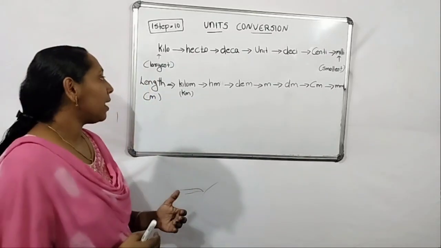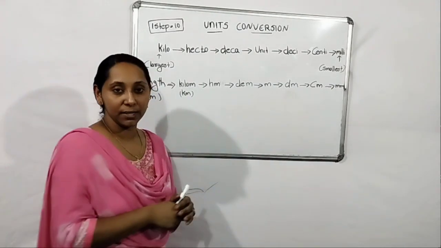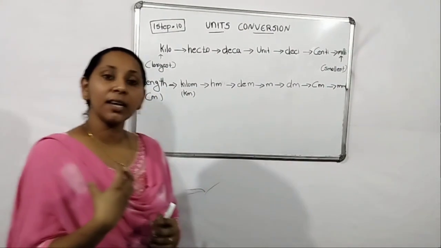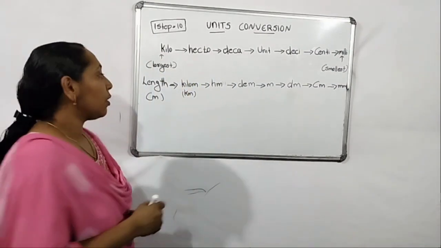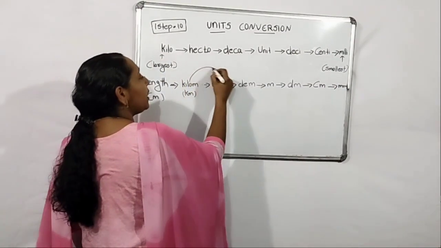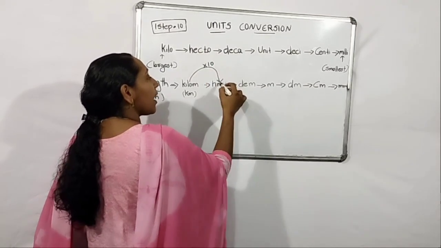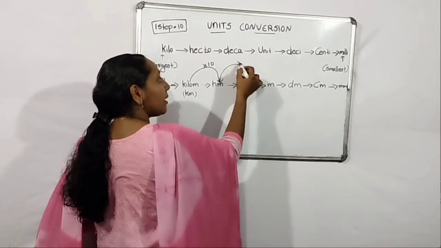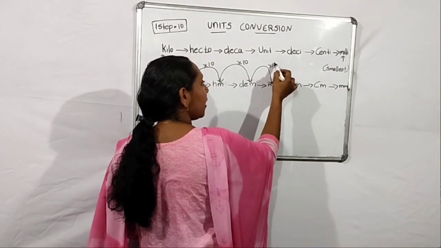The next step: how to convert the largest unit to a smaller unit. To convert kilometer to hectometer, we should multiply with 10. Hectometer to deca, another multiplication with 10. Deca to meter, the same way.